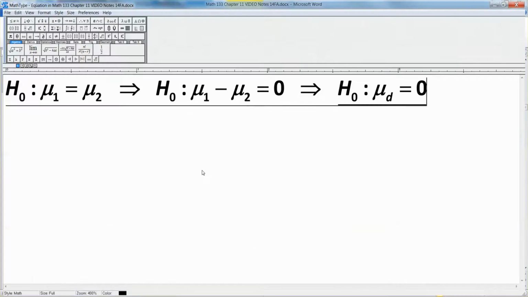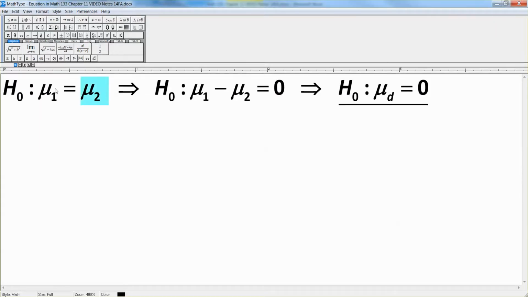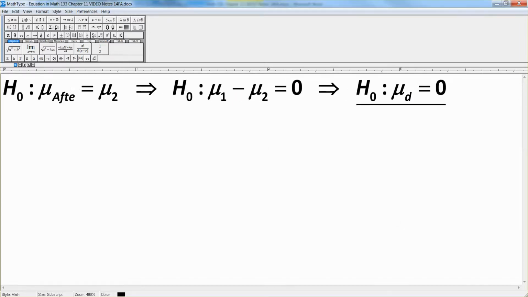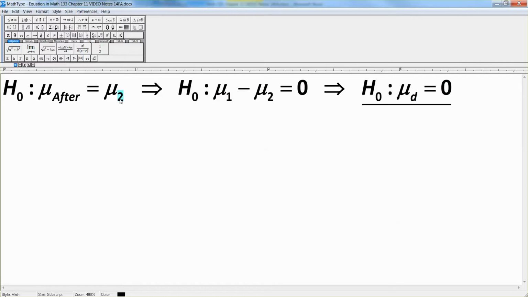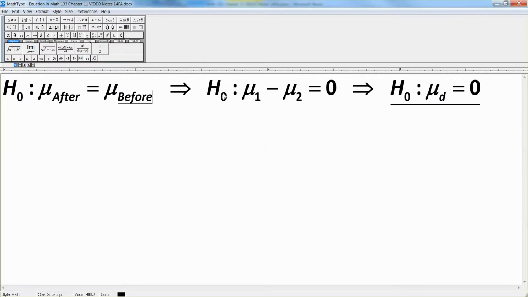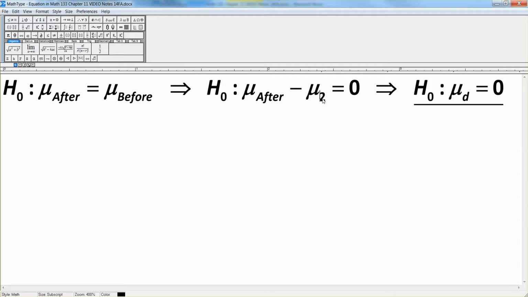Now the null hypothesis is pretty easy to figure. You always have it so that mu1 is equal to mu2. You always assume that the two groups are similar. In other words, after and before are the same. So what if we subtracted mu before from both sides?